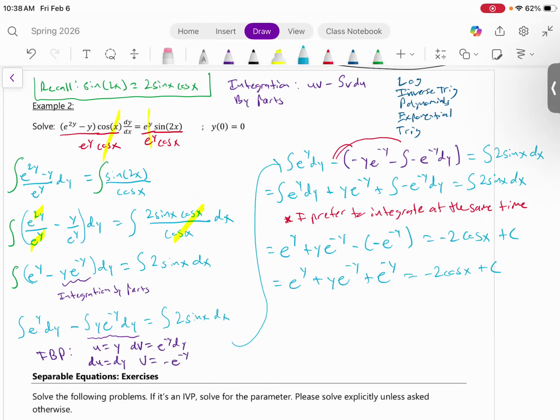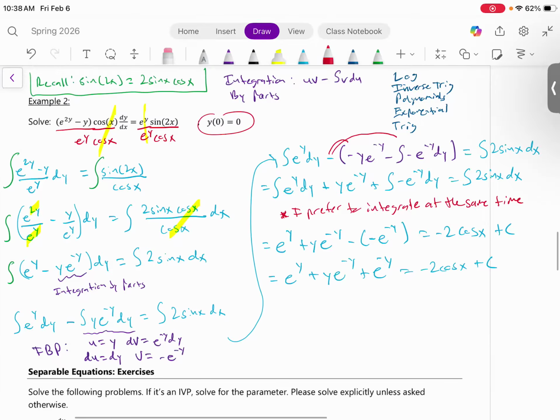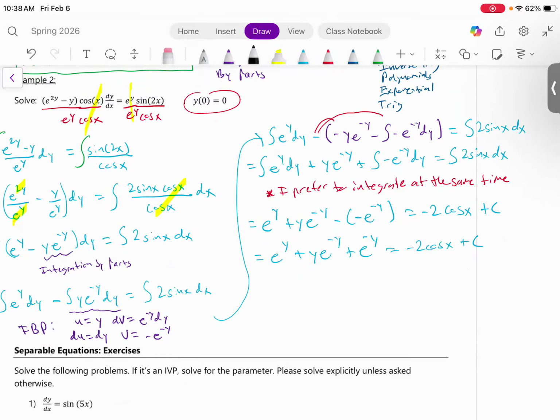Okay, so that is our solution, but remember we have an initial condition right here. So we need to use the initial condition. We're going to plug this into our solution now.